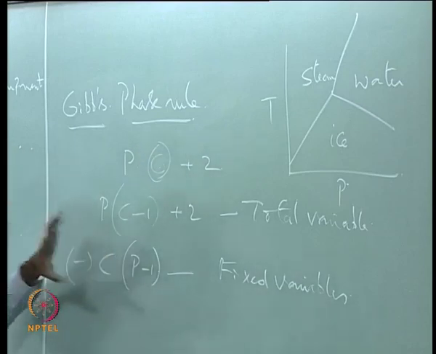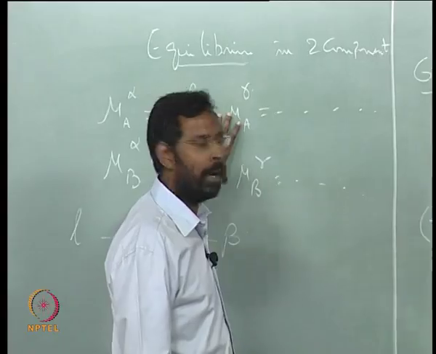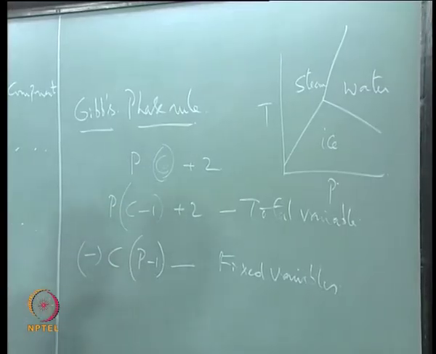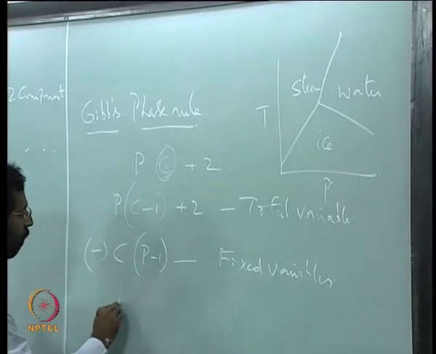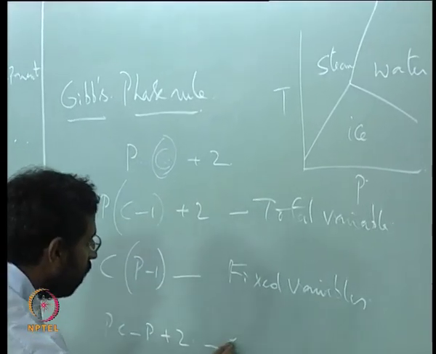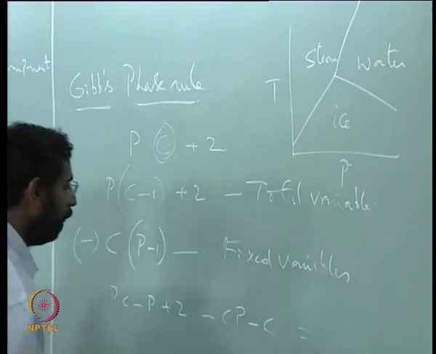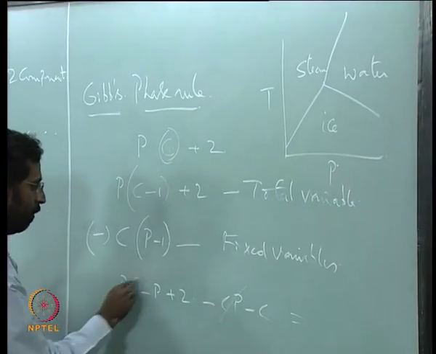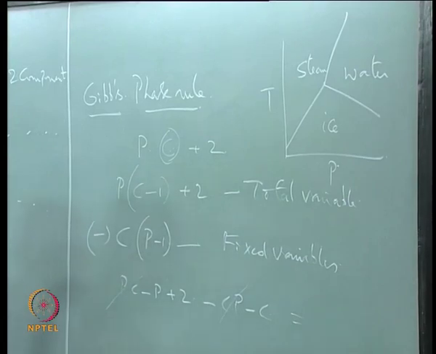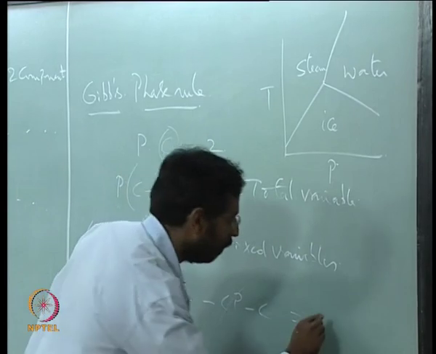Out of them, some get fixed automatically because of the concept of equilibrium, and once I subtract these two, you would see that this is actually Pc minus P plus 2 minus Cp minus C. You will see that this goes off, and this is what we call degrees of freedom, which is called F.